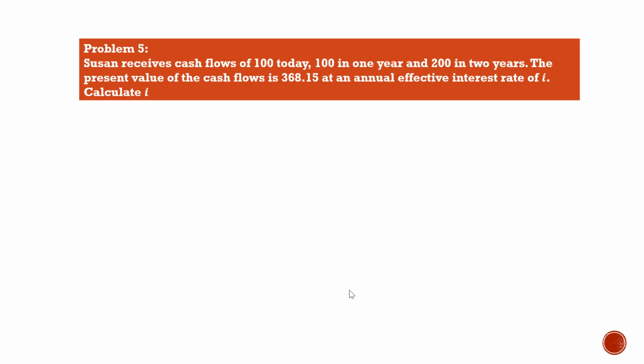Problem number 5. Susan receives cash flows of $100 today, $100 in 1 year, and $200 in 2 years.